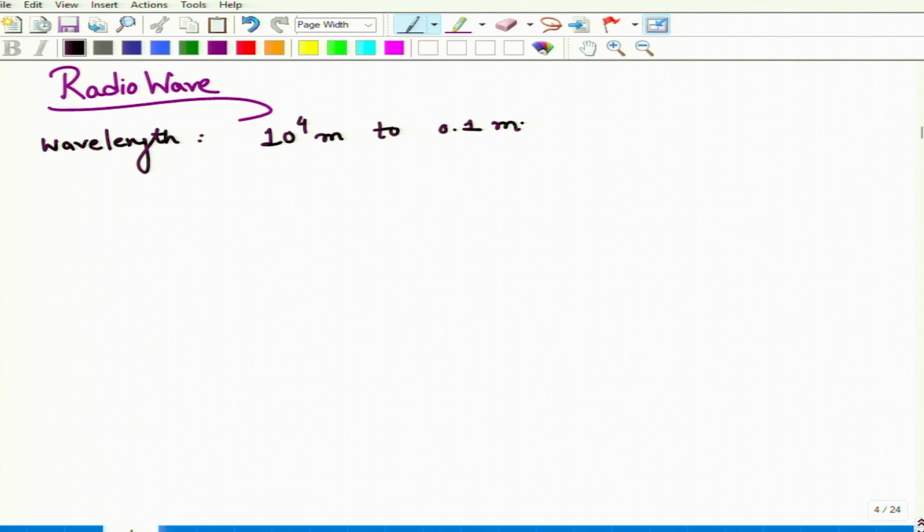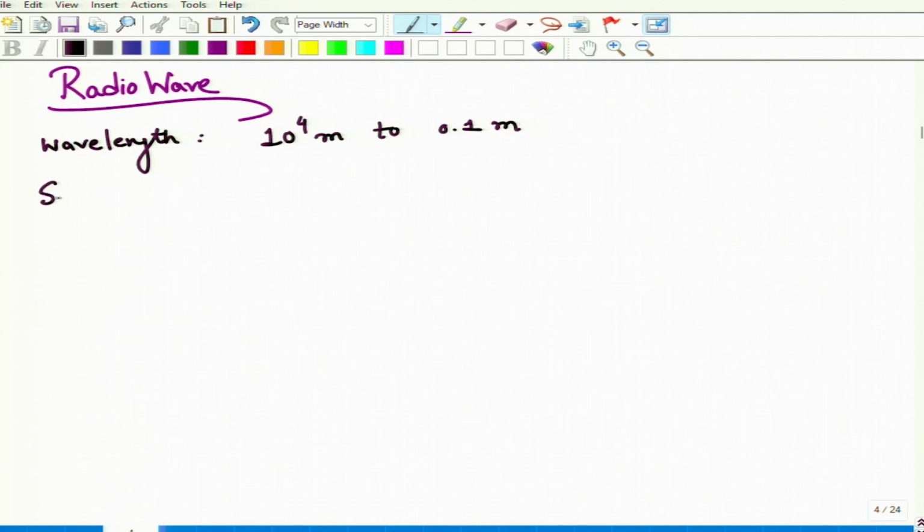We are following the wavelength in meter, the SI unit. We can also write it in terms of frequency, because we can easily convert lambda to nu by just using the relation as we have discussed. This is the wavelength range for any radio wave.